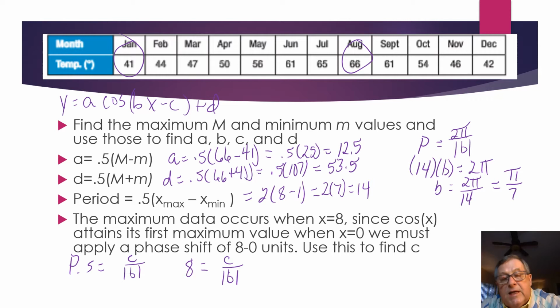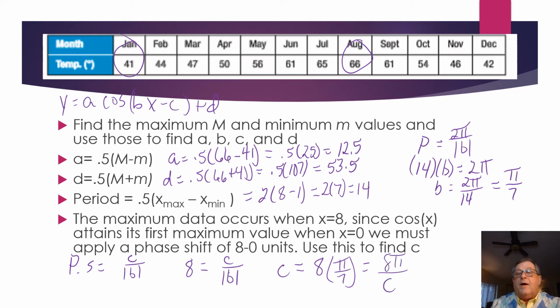So then we can say that c, follow with me, is equal to 8 times pi over 7, which of course is 8 pi over 7.